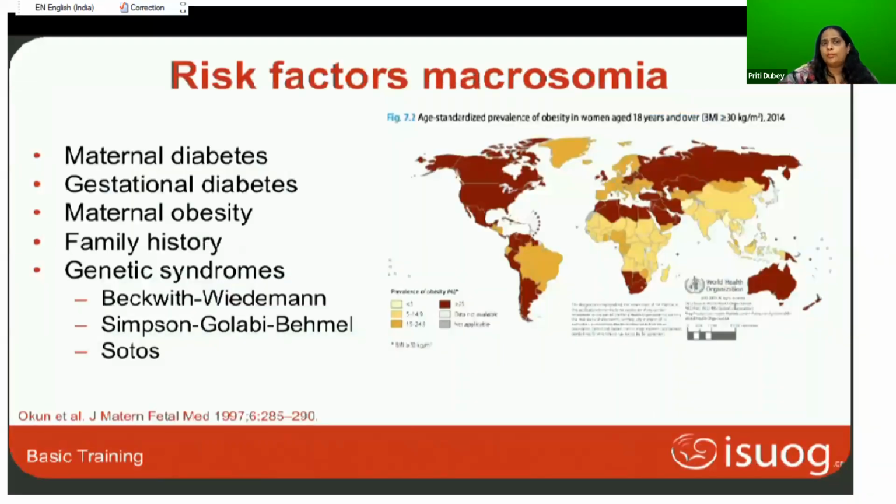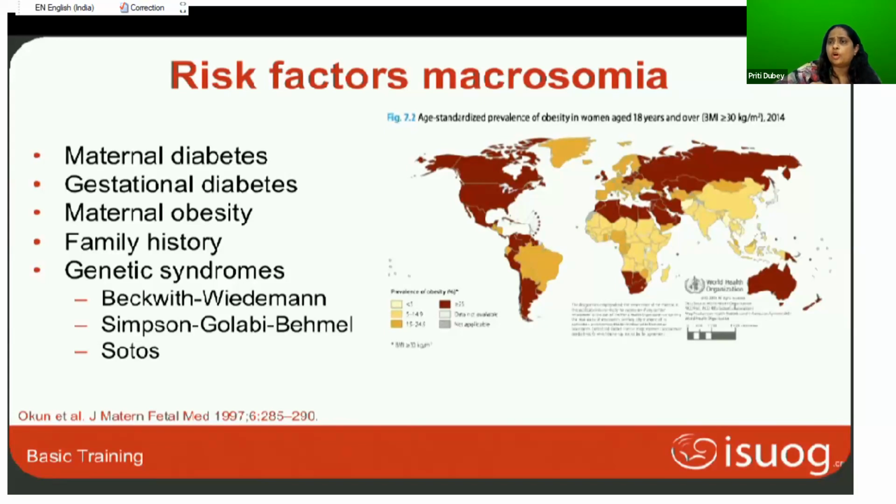So what are the common risk factors of macrosomia? This is maternal diabetes, gestational diabetes or maternal obesity. As we know that India is the diabetic capital of the world, we are getting such babies very frequently in our day-to-day practice. So we need to have a great look at these mothers to prevent macrosomia, as you all know the complications.